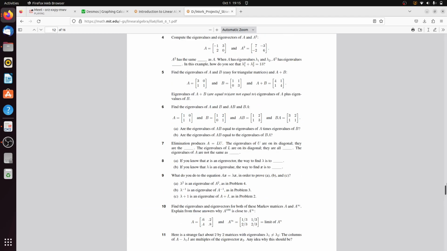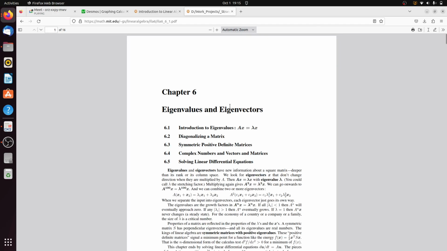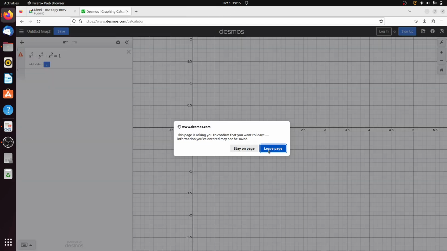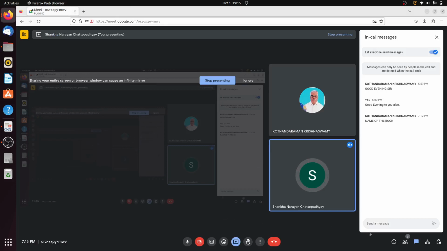I will also upload notes on eigenvalues that we can learn a lot from. So you can search for linear algebra Gilbert Strang. That is the book. You can try.